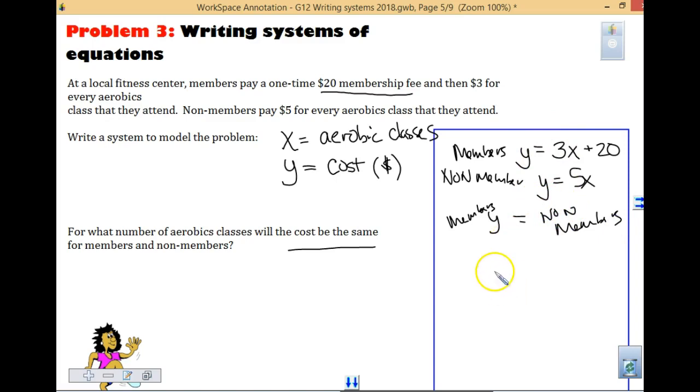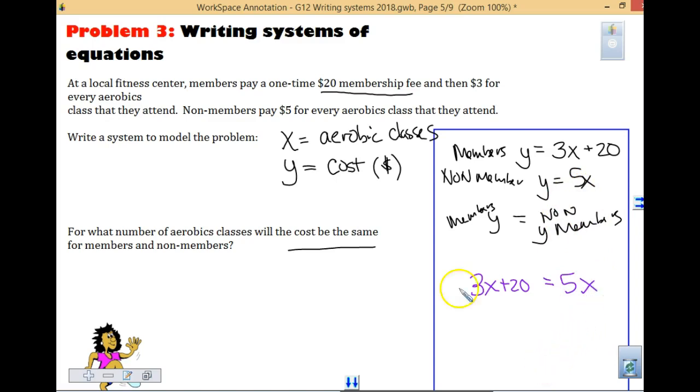Elimination would be okay, but they are telling you y equals y. So this is so much easier, and we're not going to solve this whole one because we want to look at the next equation. But if I put my cost per members, it was 3x plus 20. What was my cost for non-members? 5 times each class, x.